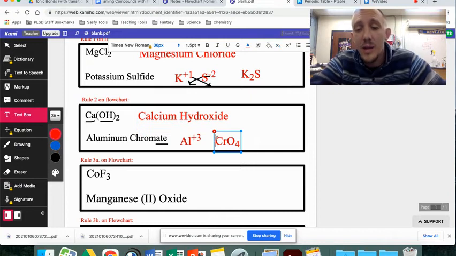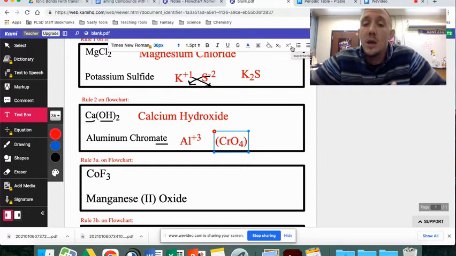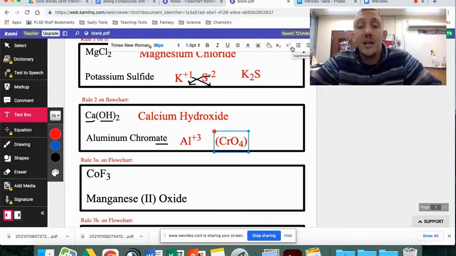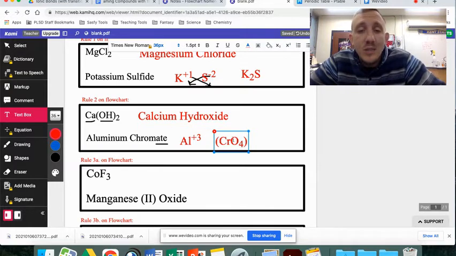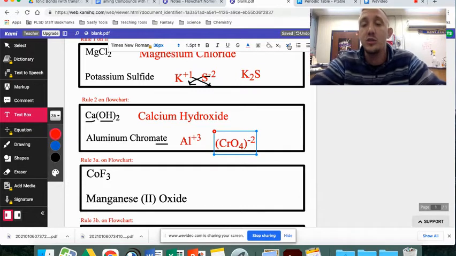And now what I'm going to have you guys do is put them in parentheses. The reason being, it doesn't make it wrong, and it doesn't necessarily always make it right. But it just helps you to understand, don't ever change what's inside the parentheses. Treat it as one entity. So it's going to be CrO4, and I'm going to use its charge, -2.